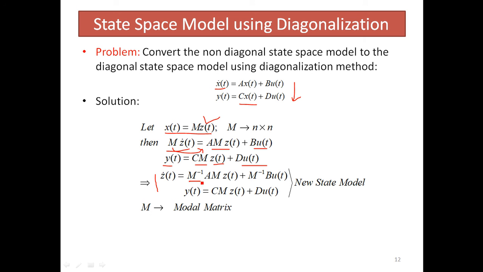Similarly, y(t) equal to C M z(t) plus D u(t). M is again the modal matrix whose elements are determined by eigenvectors, and eigenvectors are determined in response to the eigenvalues.